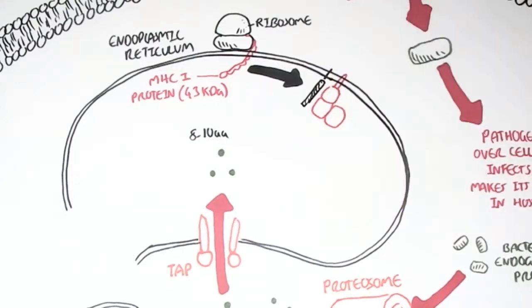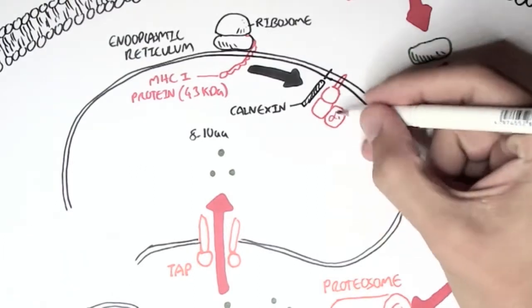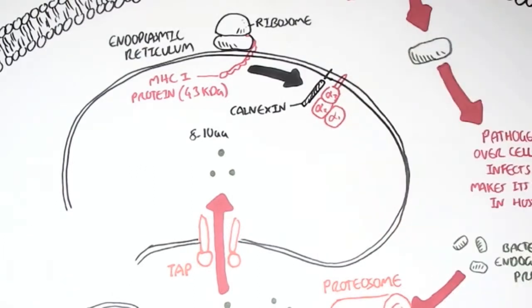However, it is incomplete because it is only composed of alpha 1, 2, and 3 domains, as you can see. This incomplete MHC1 is bound to a protein called calnexin. Now, calnexin's function is as a chaperone, bringing the MHC1 through the endoplasmic reticulum to prepare it, you can say.